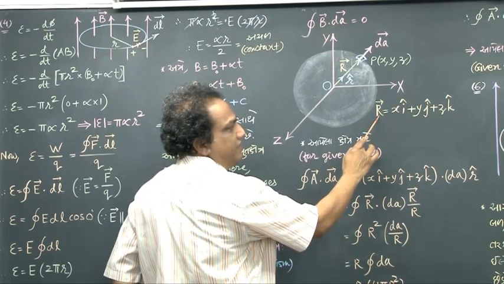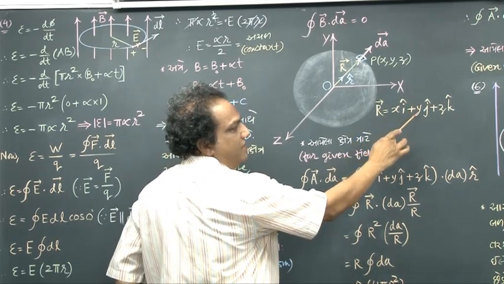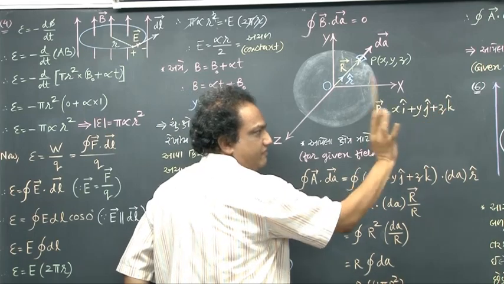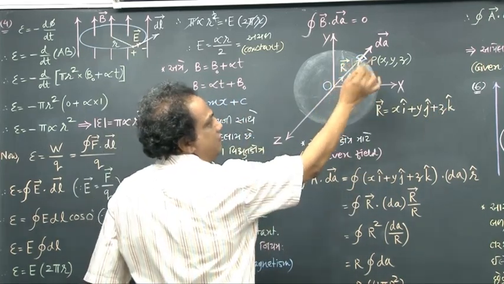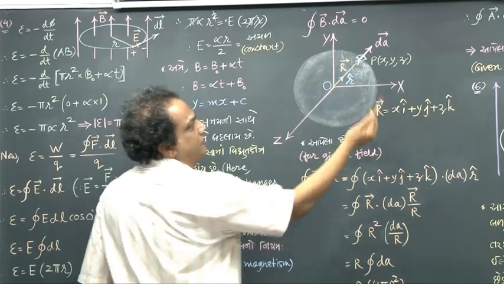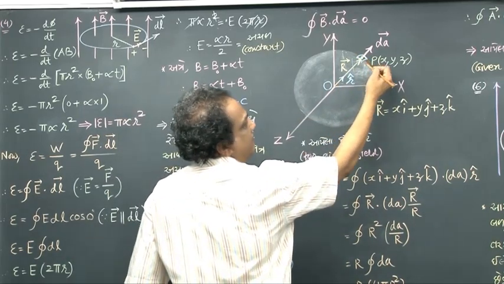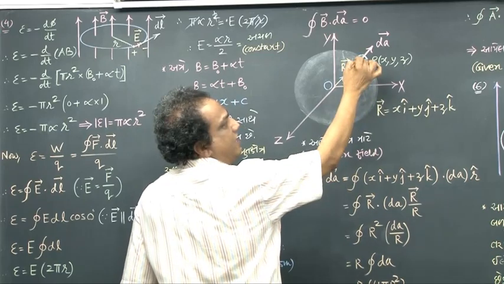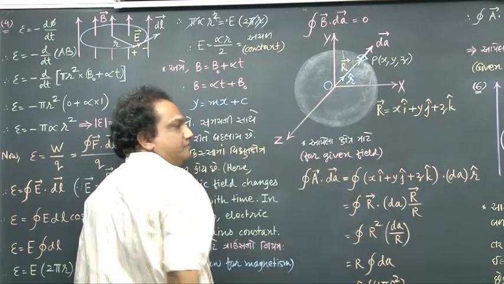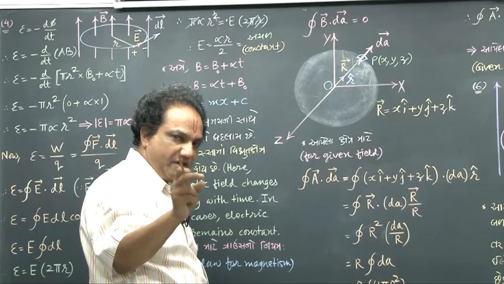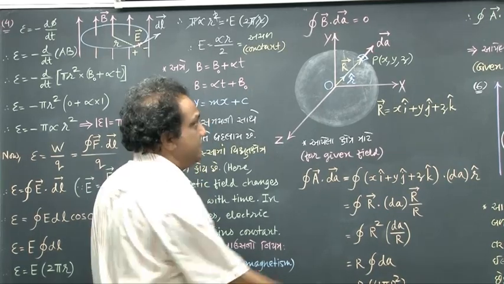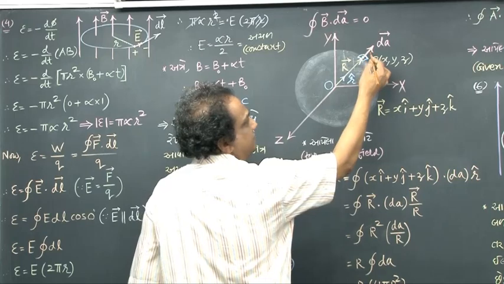Now I select one surface element having very small area around point P.